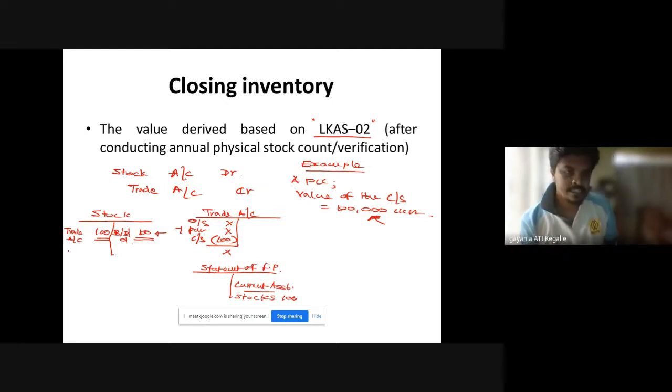Then we can see the opening balance of the next particular period, balance brought forward, 100,000 rupees.